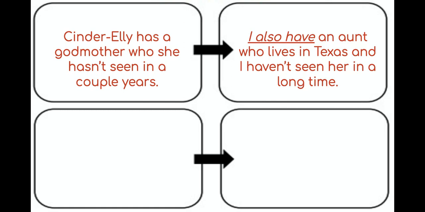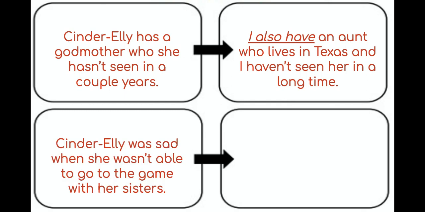The next connection to the book that I made was that Cinderella has a godmother who she hasn't seen in a couple years. Well, I also have family members that maybe live far away, and I haven't seen them in a while either. So I typed, I also have an aunt who lives in Texas, and I haven't seen her in a long time. That's a text to self connection. I connected the book to something in my own life.